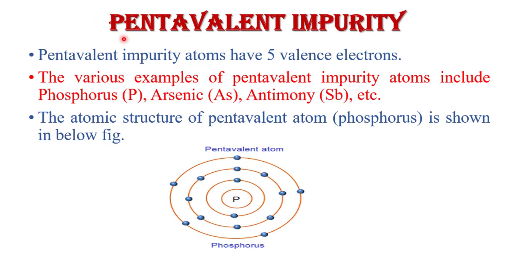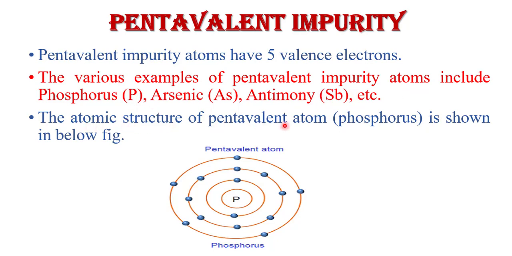So, first is pentavalent impurity. Pentavalent impurity atoms have 5 valence electrons in the outermost orbit. The various examples of pentavalent impurity atoms are phosphorus, denoted by P, arsenic, As, antimony, Sb, etc. These all are examples of pentavalent impurity atoms.